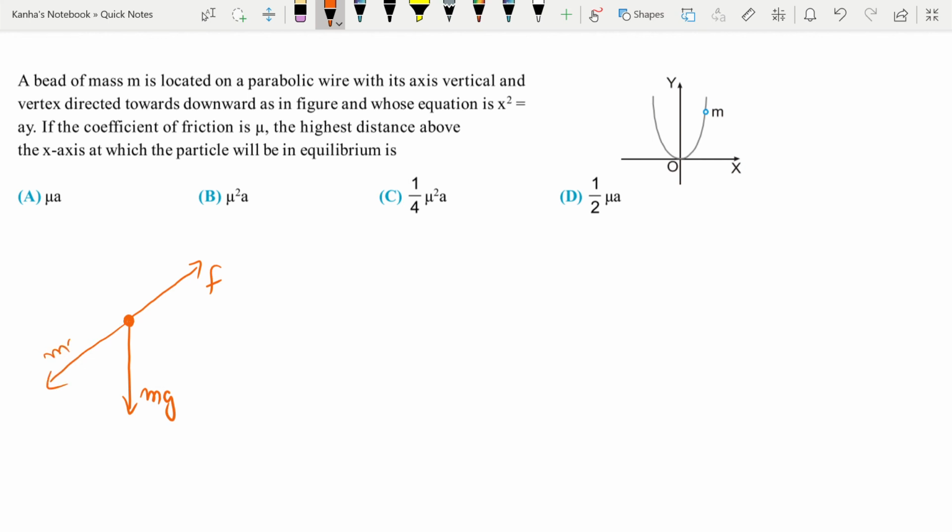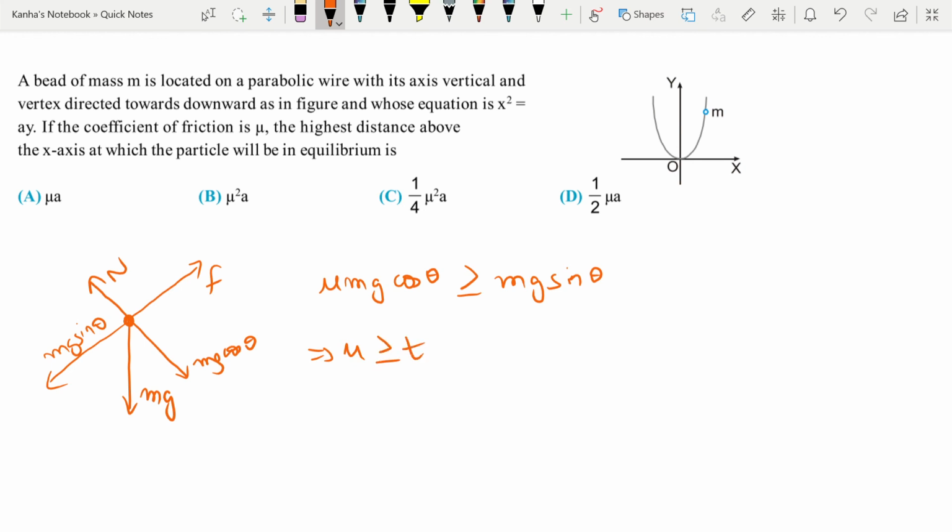I have mg sin theta, I have mg cos theta, and there will be a normal reaction as well. Now we want mu mg cos theta to be greater than or equal to mg sin theta, or mu is greater than or equal to tan theta.